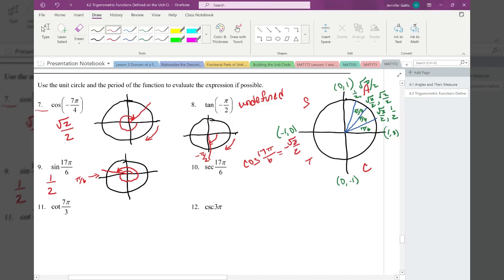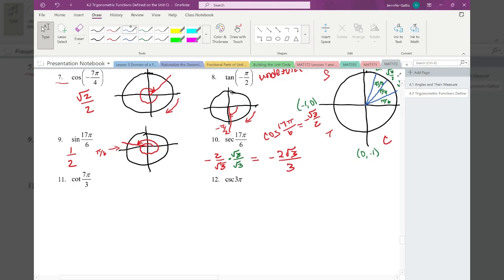So that means that secant is going to be negative 2 over root 3, which we don't write like that. We have to rationalize our denominators. So we multiply by root 3 over 3 to give us negative 2 root 3 over 3. Okay.